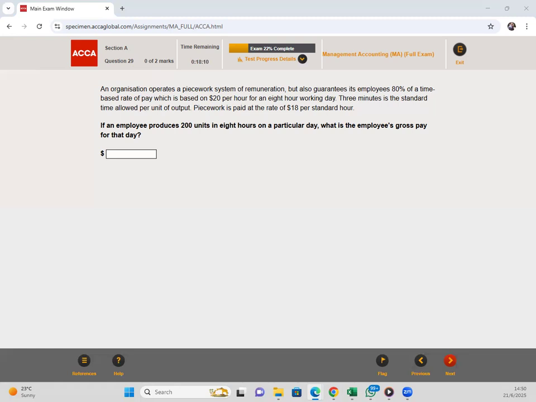So in that case, the gross pay, because they are being paid per what? Three minutes is the standard time. So if you're looking at the gross, you base on the standard. So we are going to say 3 minutes times 200 units.